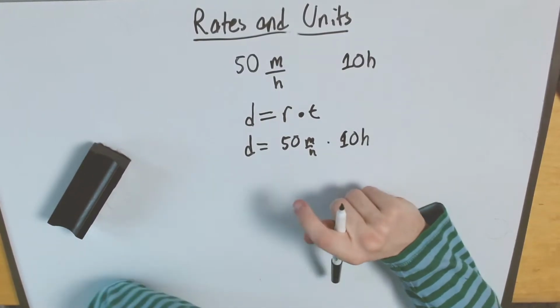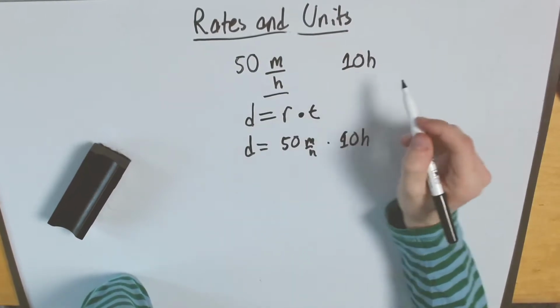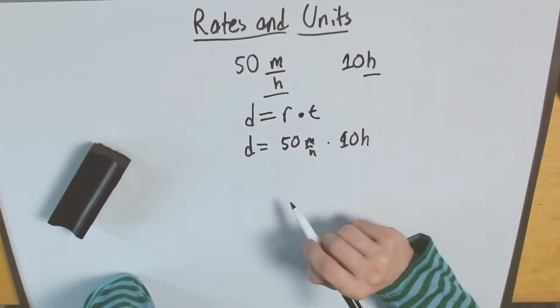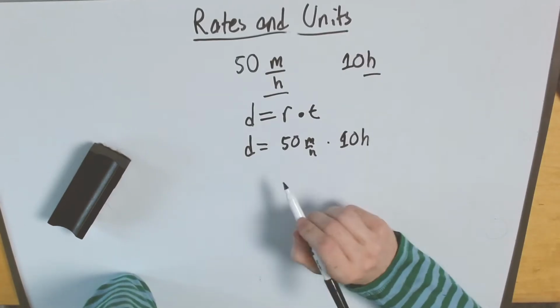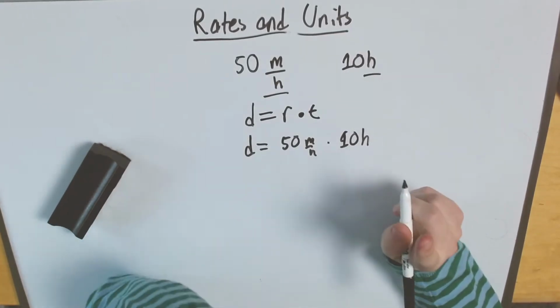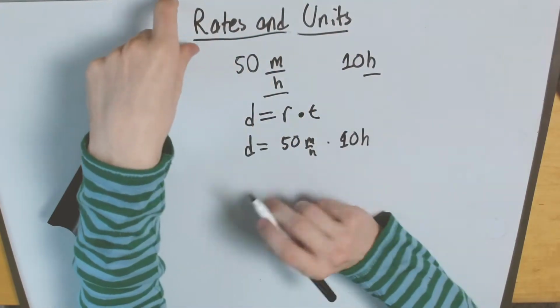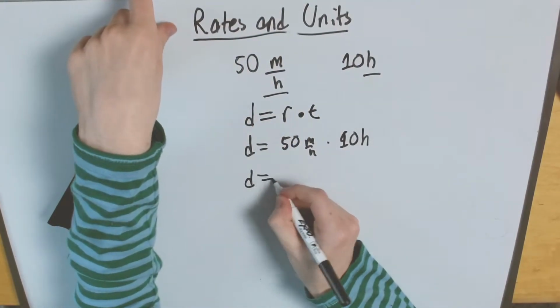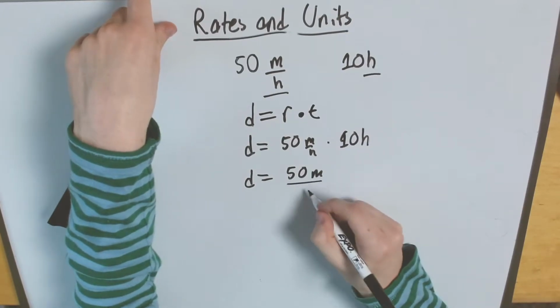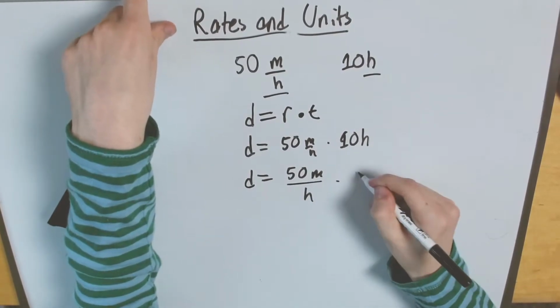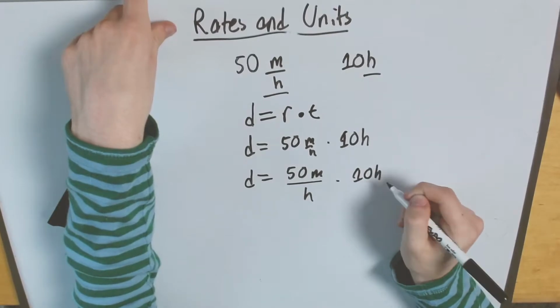And you might say, well, hold on. If you look at these units we've attached, how are we going to deal with them in the problem, right? The distance is miles, not miles per hour or hours. We notice something interesting that happens when we're doing this, right? So we have 50 miles per hour. We can write it like that, right? Times 10 hours.